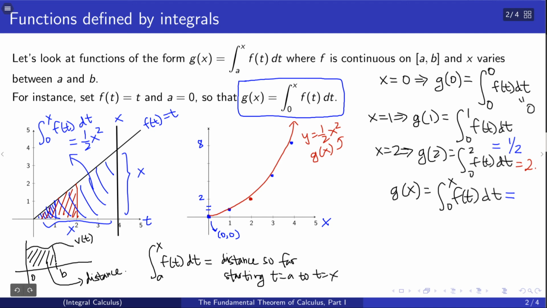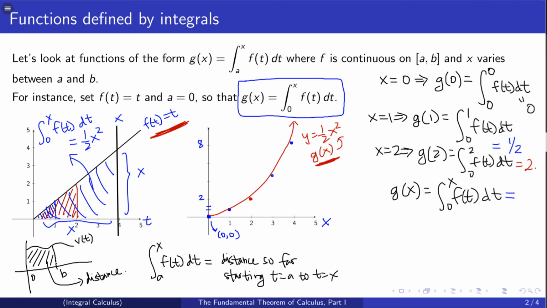Right? So that's nice. Because from this function, again, if you think of f of t as your velocity function, now you have an explicit formula for g of x that tells you at any given x, right, at any given point in time x, how far have you traveled? And, well, what do we know about velocity and distance?